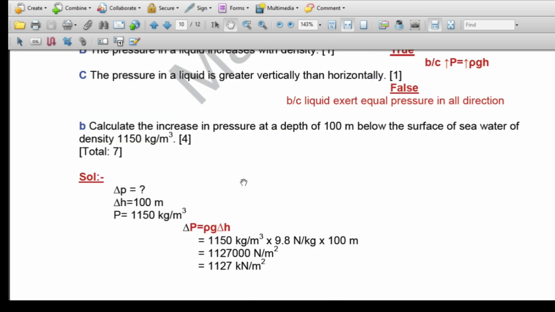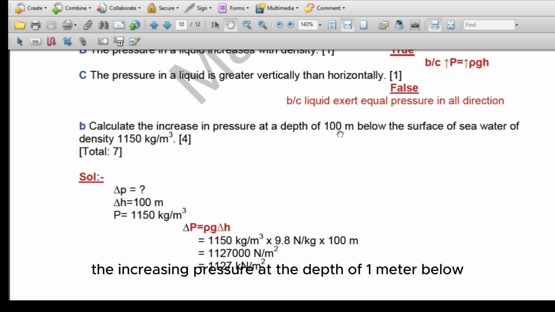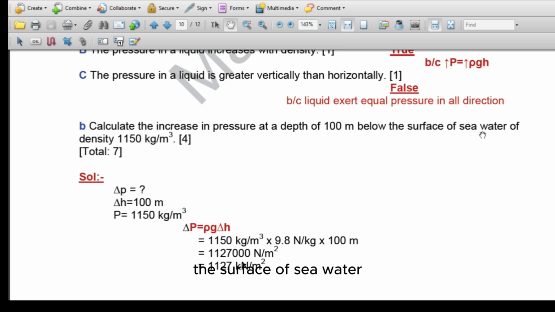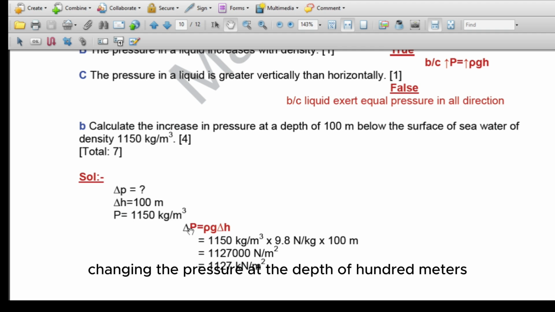Calculate B: the increase in pressure at a depth of 100 meters below the surface of seawater of density 1150 kilograms per meter cube. So we have to find this delta P, the change in pressure at a depth of 100 meters.